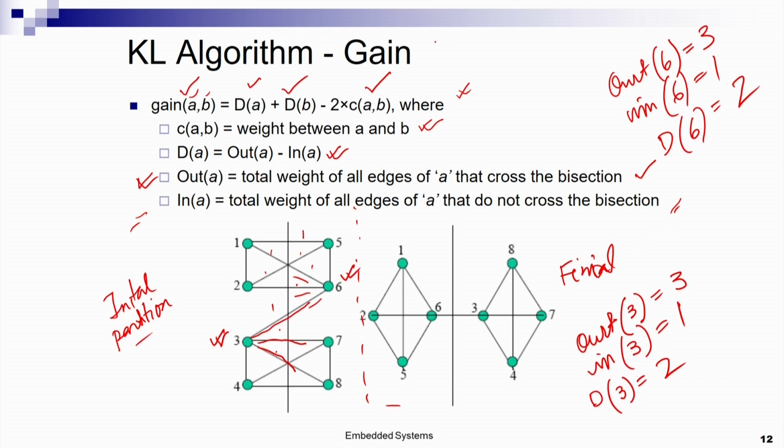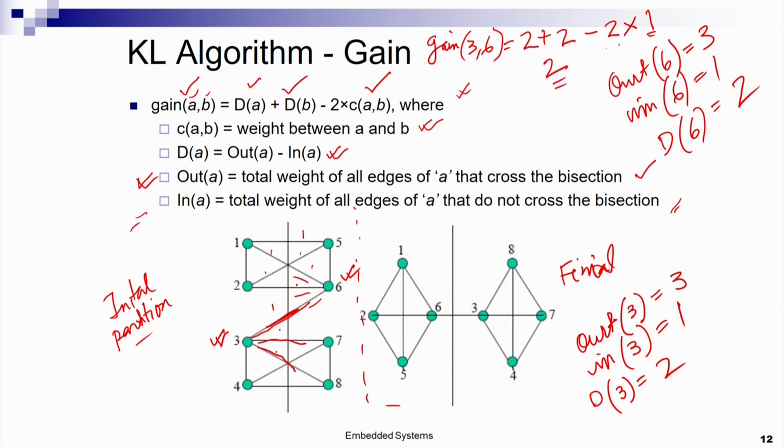Gain 3 comma 6 equals 2 plus 2 minus 2 into 1. What is 1? This edge 3 6. The cost of the edge 3 6 is 1. So, it is 2 plus 2 minus 2, which is 2.